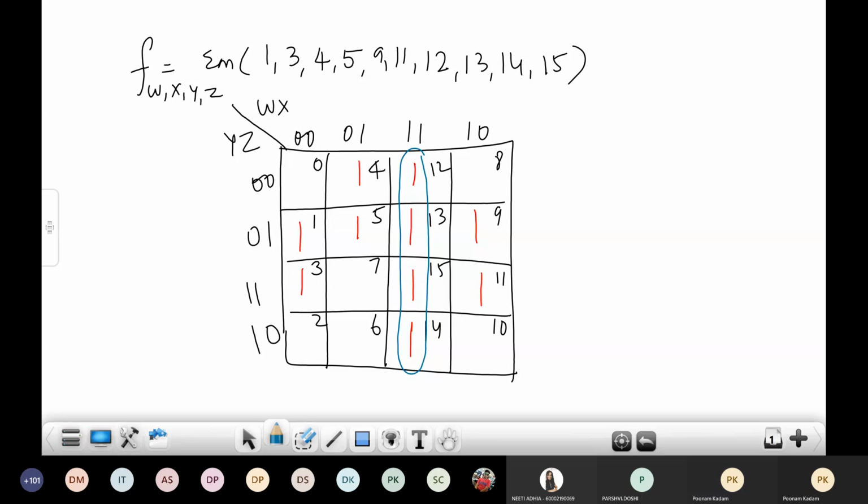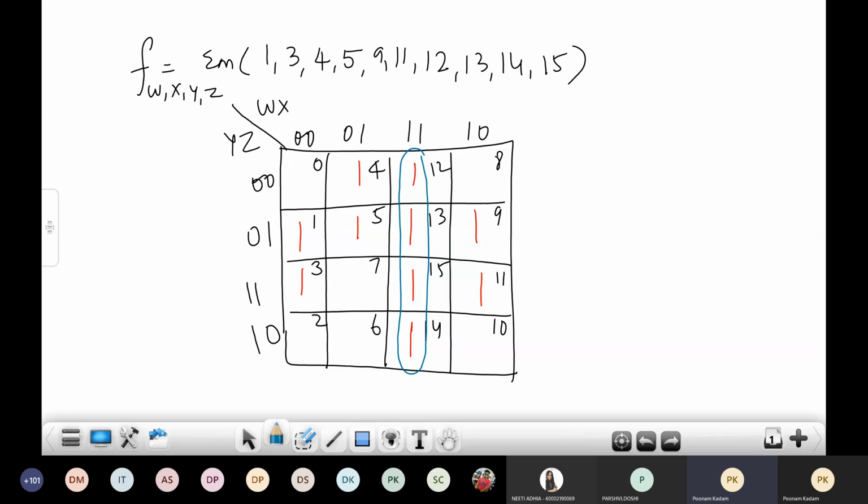We cannot make a group of all 16 cells because 1 is not available in all the 16 cells. Can we make a group of 8 cells? No. Had there been a 1 at cell number 7, we could have made a group of 8 cells, but cell 7 has no 1. So we cannot have a group of 8 cells for this function.